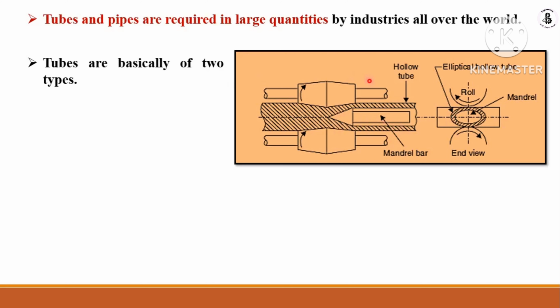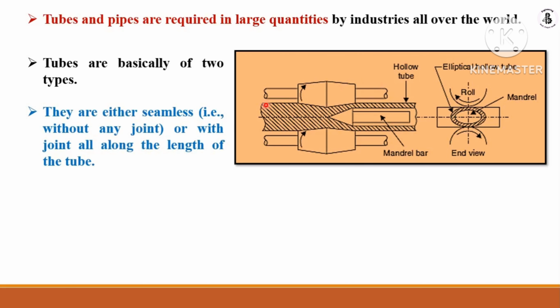Tubes are basically of two types. They are either seamless, or you can say without any kind of joint, or with joints all along the length of the tube. But as per engineering requirements, those without joints are very much used, and this is the methodology to make seamless tubes, which can have a good length.